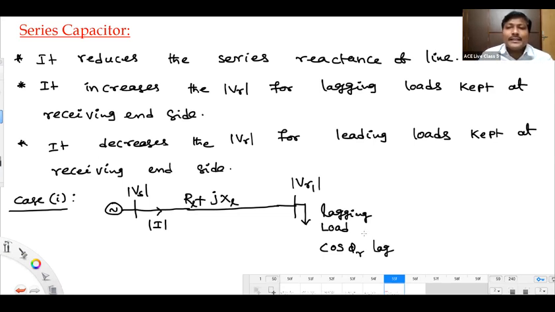We have discussed some things in the short transmission line long back. I am recalling that concept.